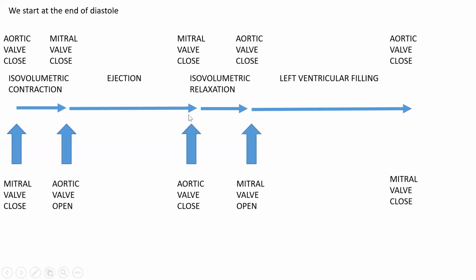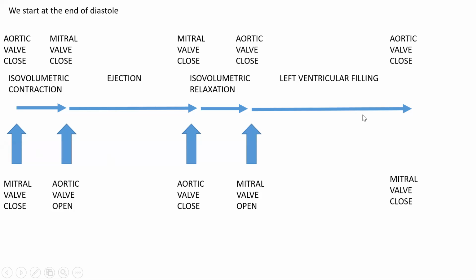Then again, both valves close, and you have isovolumetric relaxation, in which the left ventricle relaxes, the pressure inside the left ventricle comes down, but the volume is still the same, until you come to the part where the mitral valve opens and you get the flow of blood from the left atrium into the left ventricle. So you have these 4 phases of the cardiac cycle.